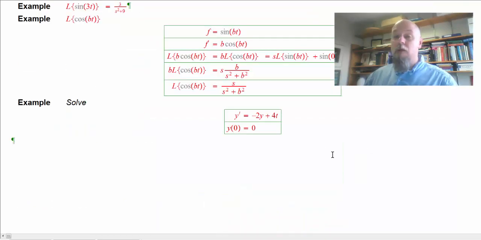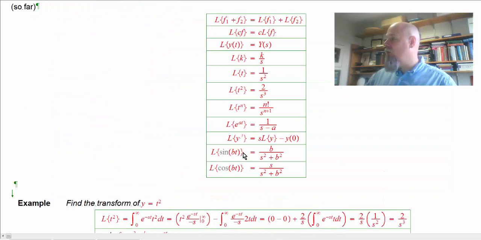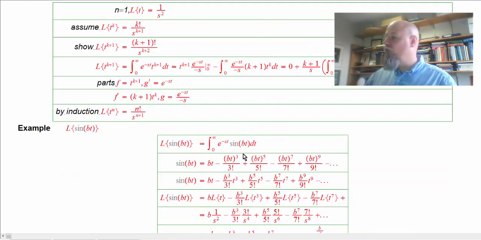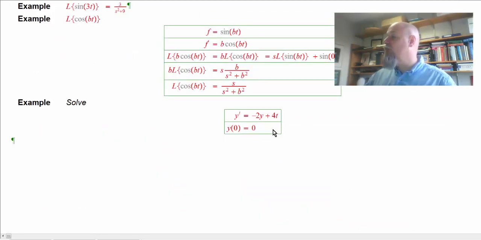All right, let's finish up by doing an example. We've got all these rules. I want to focus back on what we're trying to do. We're using Laplace transforms to solve a differential equation. So let's solve this differential equation. First thing I'm going to do is Laplace of both sides.